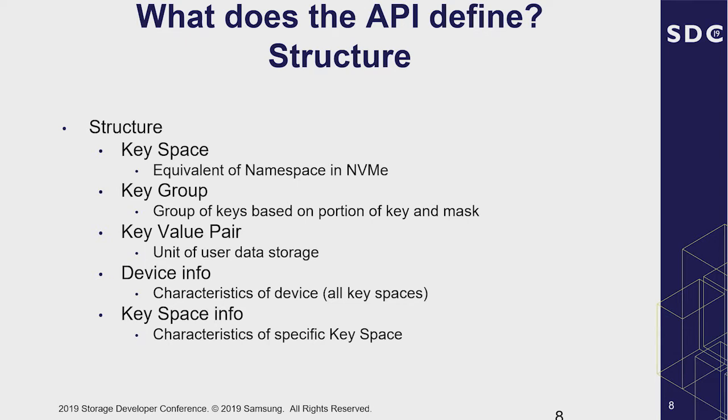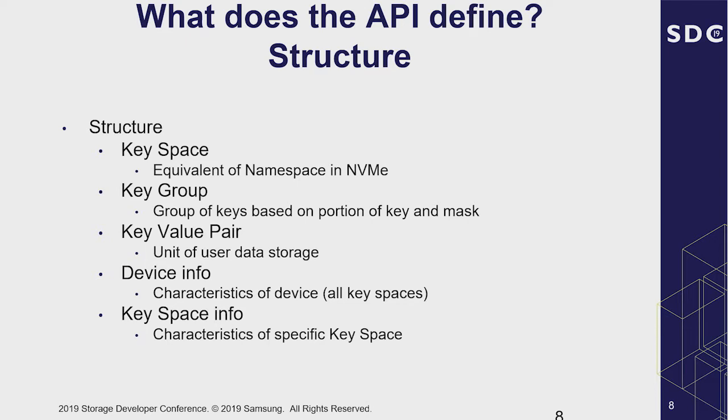There is a key group. The key group is unique within a key space. It is a group of key value pairs, and those key value pairs are enumerated by some portion of your key and a mask associated with that portion of the key.